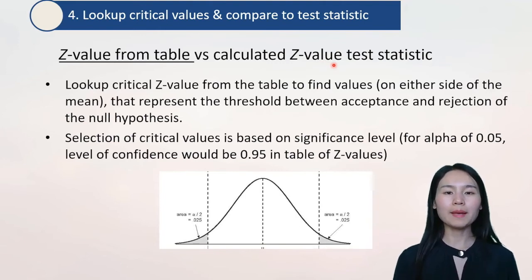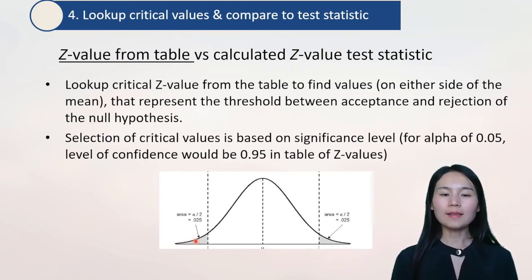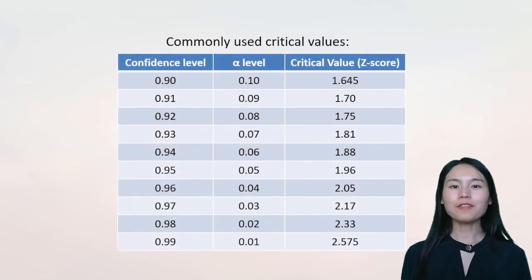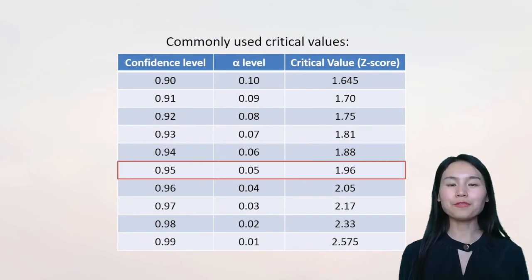We can make a conclusion: if the calculated z-value is less than these z-values from the table or higher than these z-values from the table, then we can reject the null hypothesis. If it falls within these consulted z-values, then we can accept the null hypothesis. The commonly used alpha level is 0.05.